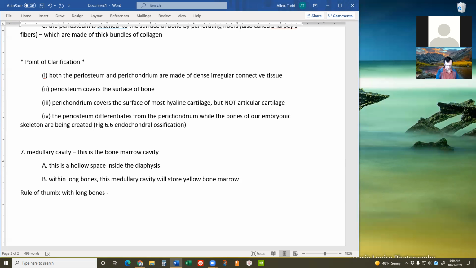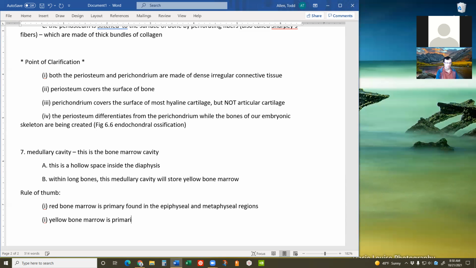With long bones, red bone marrow is primarily found in the epiphyseal and metaphyseal regions. Yellow bone marrow is primarily found in the diaphysis.